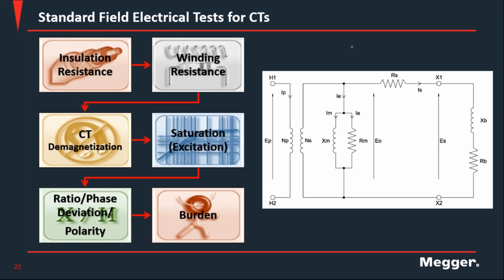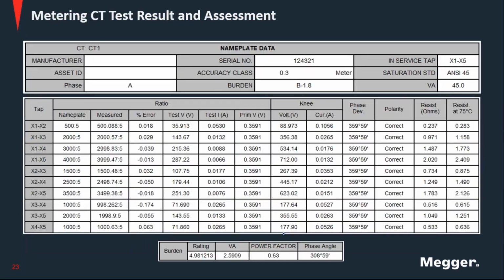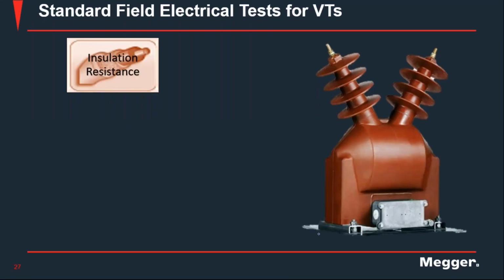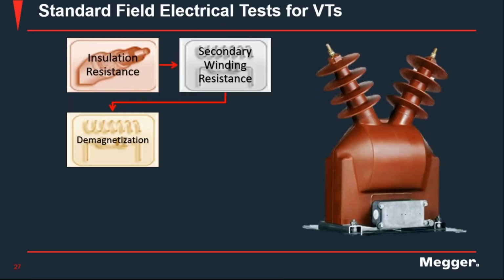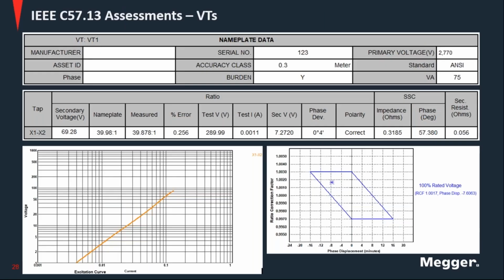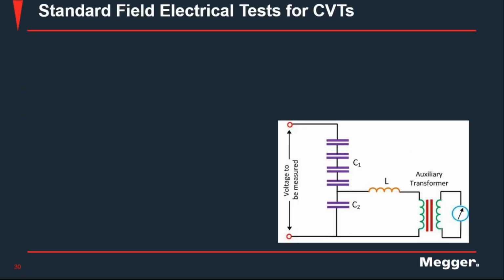However, there's a slight difference: CCVT is typically defined as a CVT which is also used to couple with power line carrier communications in power systems. The terms are typically used interchangeably. So when you hear someone talking about one, sometimes they mean the other, but that doesn't really matter unless you really want to get into the down and dirty of the things that could affect the difference.